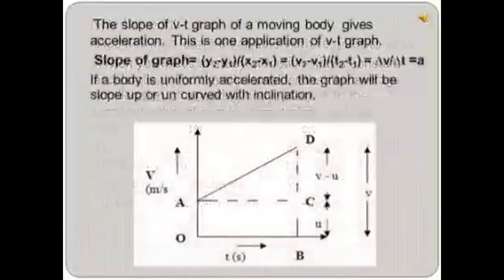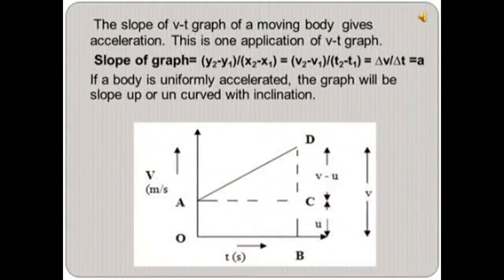equation 2. You have to understand that the slope of the velocity time graph or v-t graph of a moving body gives acceleration. This is one application of the velocity time graph. Slope is determined by this mathematical expression, which is (y2 minus y1) divided by (x2 minus x1).